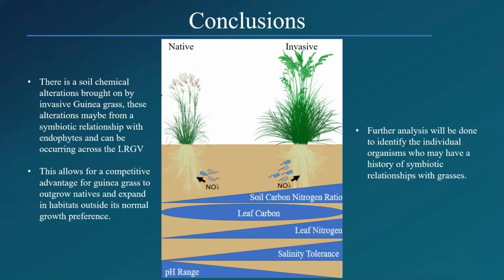There's a higher salinity tolerance, whereas for natives, the only thing that they have is the pH range difference. This is all pointing again in the direction that there is most likely some type of relationship, whether that be with rhizobacteria or mycorrhizae, there is something going on. And we hope to finally identify these individuals and have that information available.